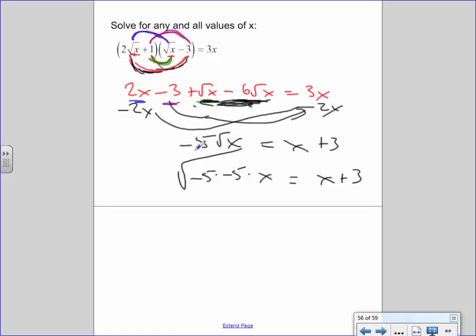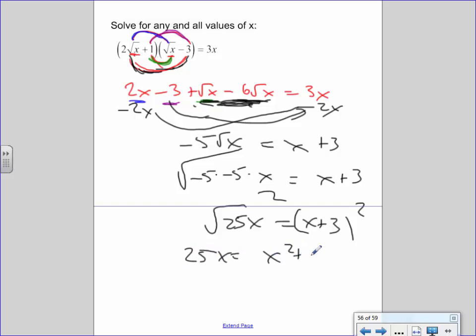Although this was negative on the outside, when I bring it inside, it's actually just good old 25x. You know what I'm saying there? Be super careful with that. When you bring that negative back inside, it actually becomes positive 25. Okay, we've been here before. Square both sides, so 25x equals x squared plus 6x plus 9.